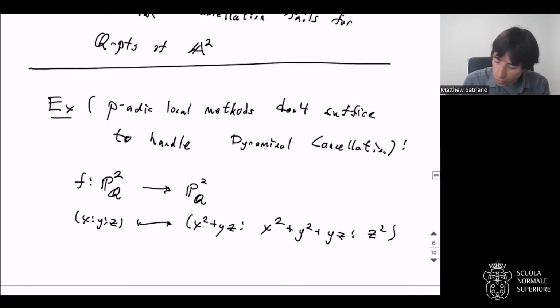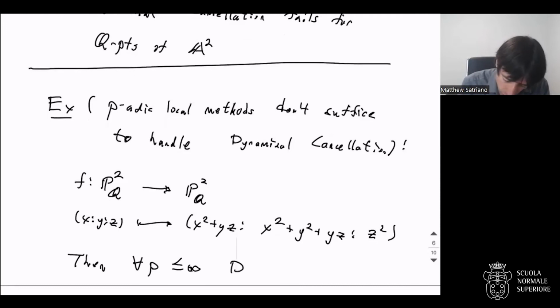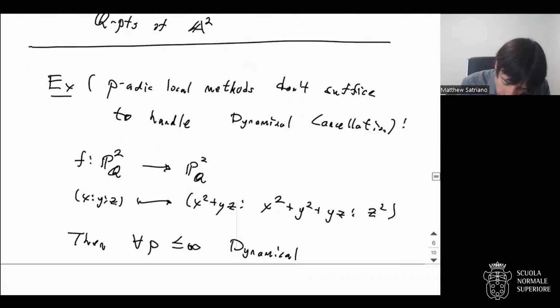So in this case, for all primes p, including 0 and infinity, dynamical cancellation fails in Qp.